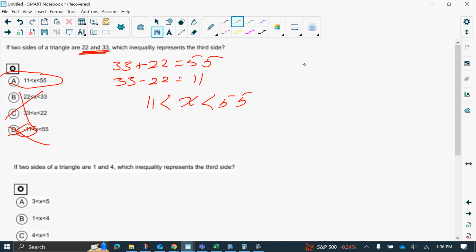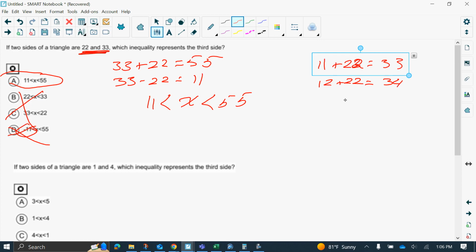Because remember, of the three sides of a triangle, two of them have to add up to be bigger than the third side. So if I did 11 plus 22, I'd get 33. Well, 33 is not bigger than 33. But if I did 12 plus 22, I'd get 34, which is bigger than 33.